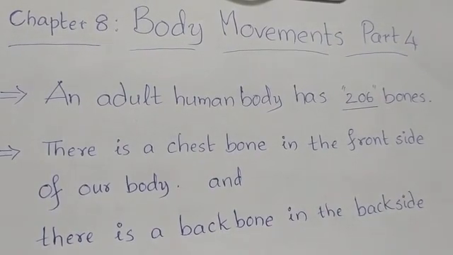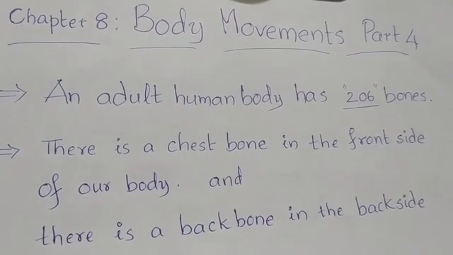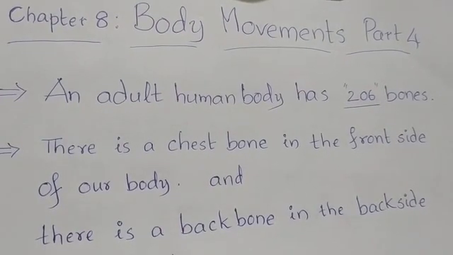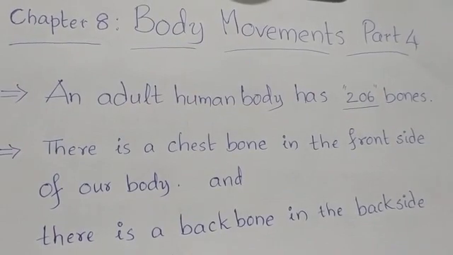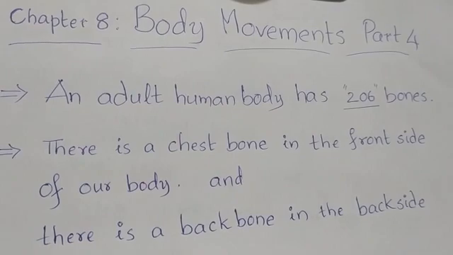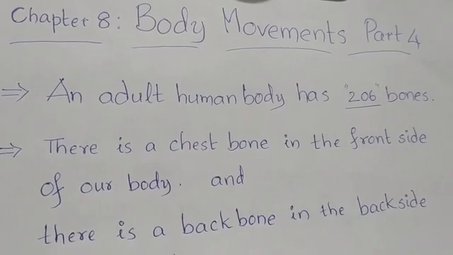And if we carefully observe the bones in our body, in the front side, below the neck, there is a strong central bone, which is called the chest bone, and biologically it is called the sternum. What is it? Sternum.